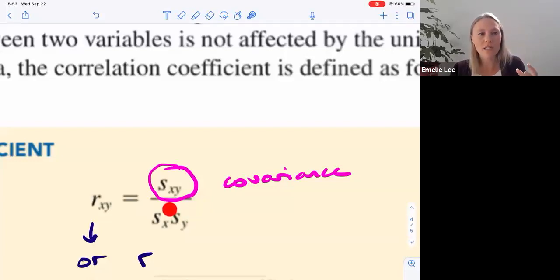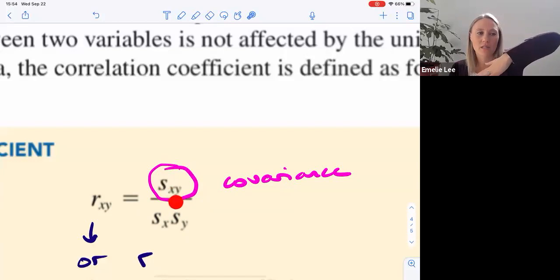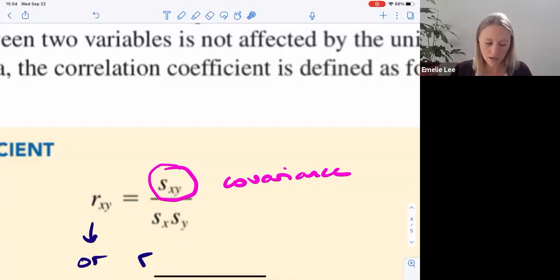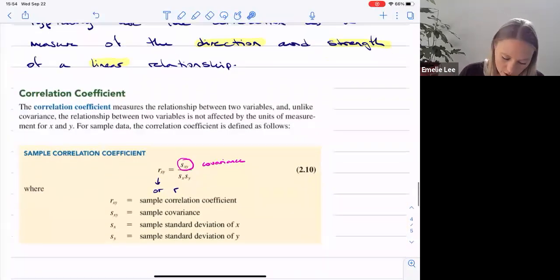So if we have a positive relationship, then the covariance is positive, so then our correlation is going to be positive. Whereas if we have a negative relationship, the correlation is negative because then the covariance would be negative divided by a positive value. And so that's how we get the direction of a linear relationship from the correlation.